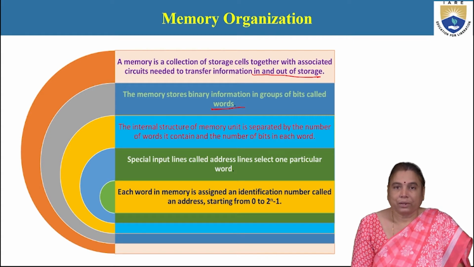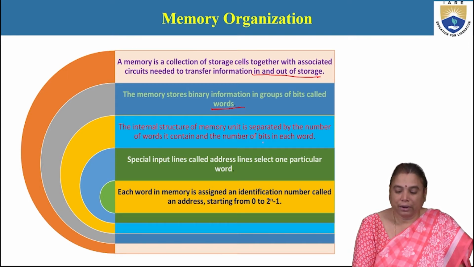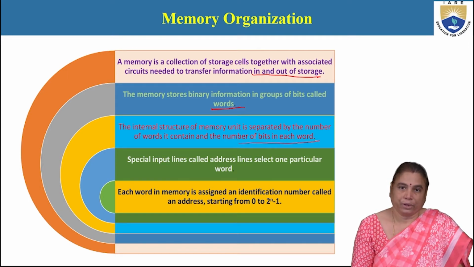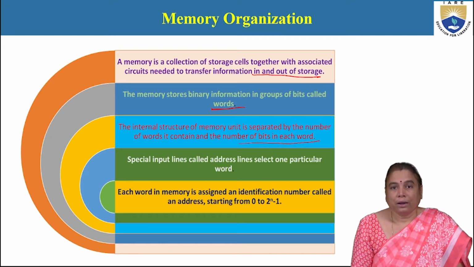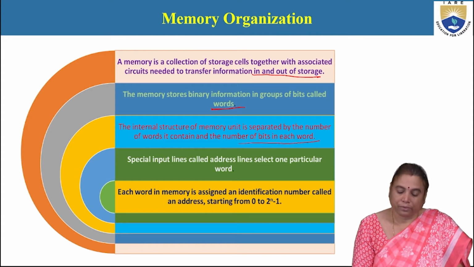The internal structure of a memory unit is specified by the number of words it contains and the number of bits in each word. So, the storage capacity, how many words the memory unit can accommodate, and how many bits can be stored per word are the major descriptions of the storage space or address space.